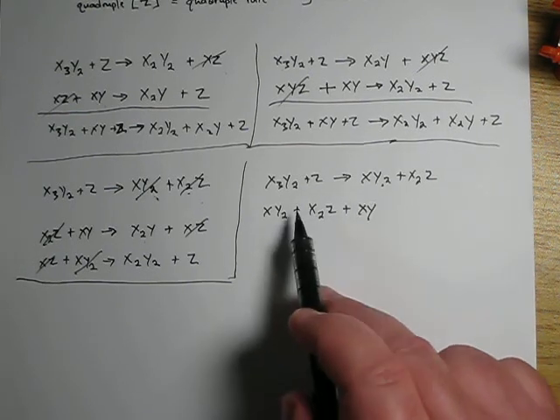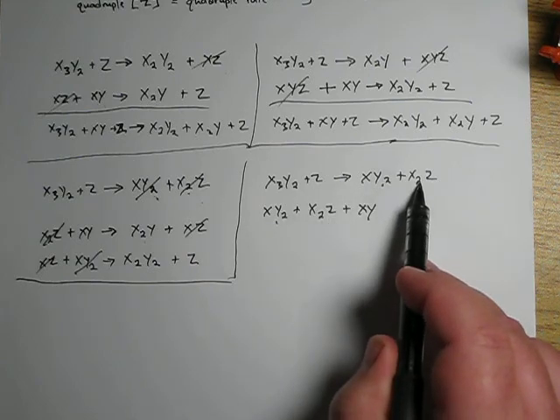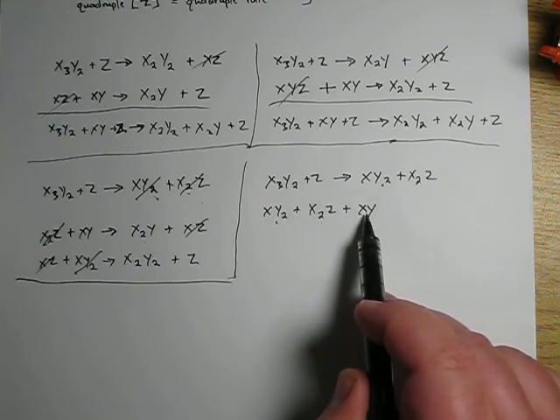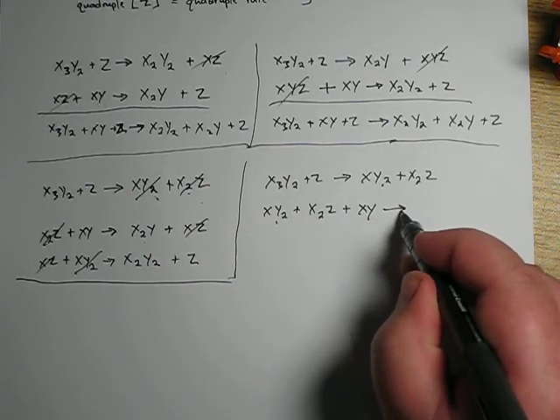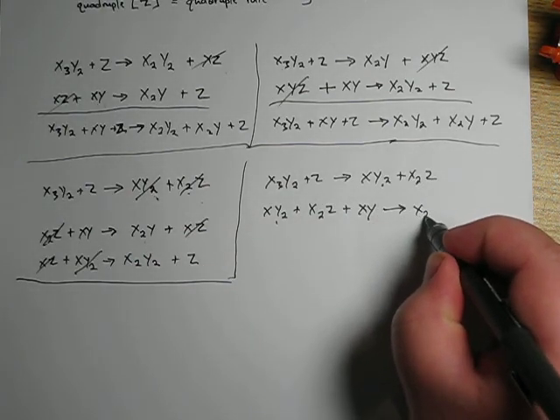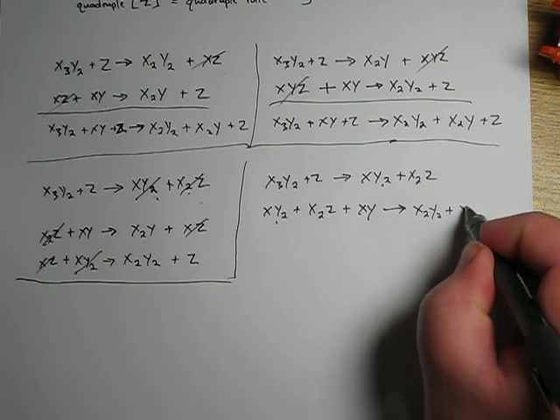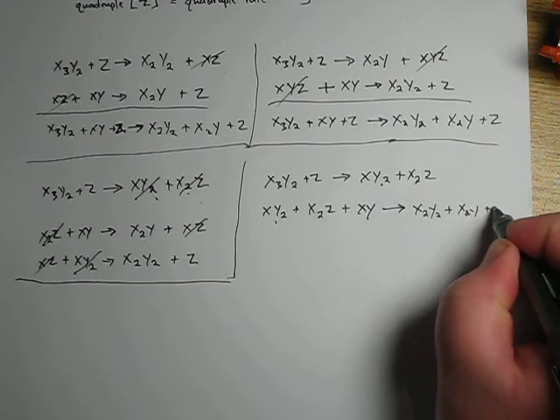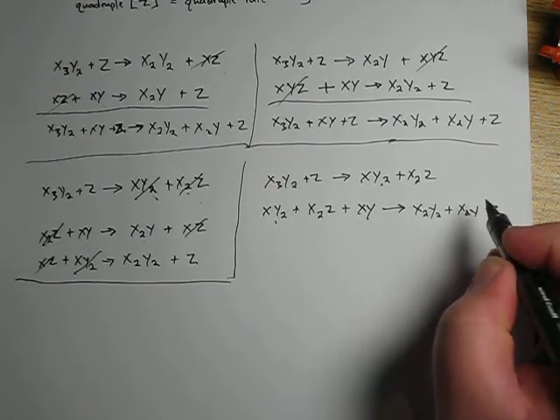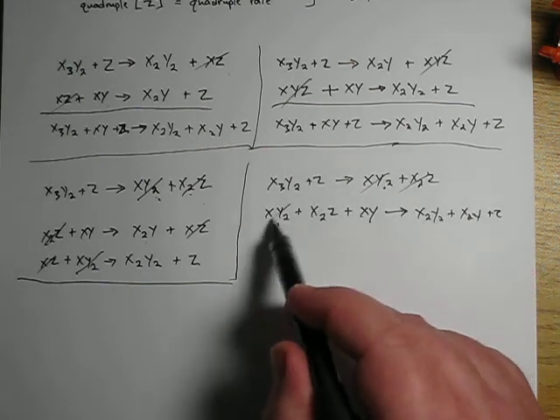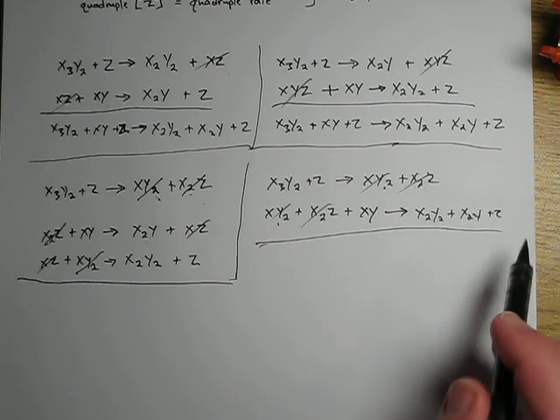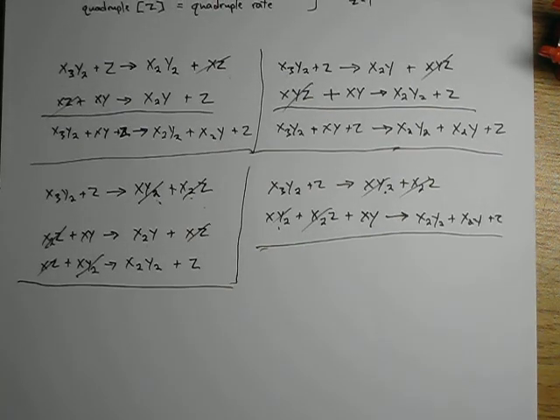I took this intermediate and then added this intermediate to it, and then added xy, our other reactant that we have to put in there, and just say all that goes to x2y2 plus x2y plus z, our product. These two cancel, and we've got our overall reaction there. Whew. Okay, we have 4 mechanisms.